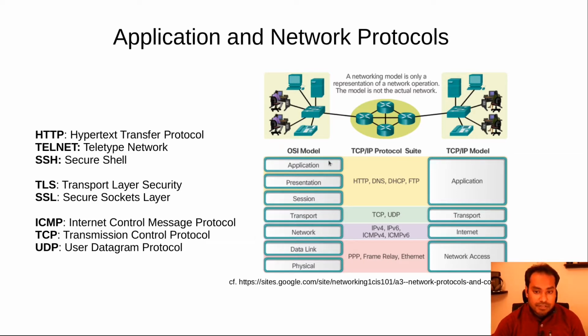For example, if we consider the OSI model, the application layer has HTTP, DNS, DHCP, FTP, and some other application layer specific protocols. TCP and UDP are in the transport layer, and ICMP that we have just discussed is a protocol in the network layer. So each layer has different protocols, and we recognize the network packets based on their protocol. I'll show you this information when we capture packets using Wireshark.